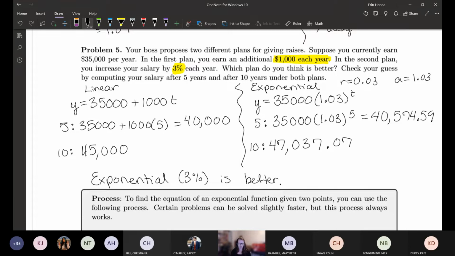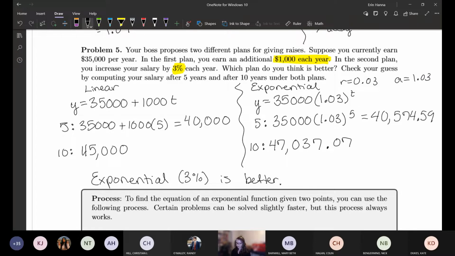I believe, if I'm not mistaken... Oh no, it's even better in the first year too, because you would get 1,050 instead of just 1,000. I was going to say I thought maybe it was not better in the first year, but. And of course, the more years you stay there, the larger the gap between the two would be, so you would want to take the 3%.